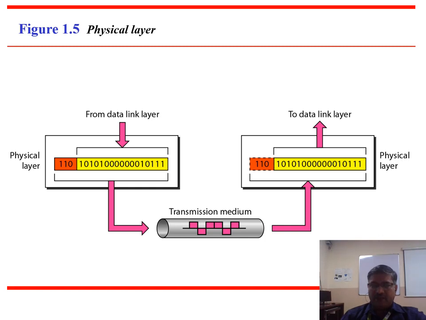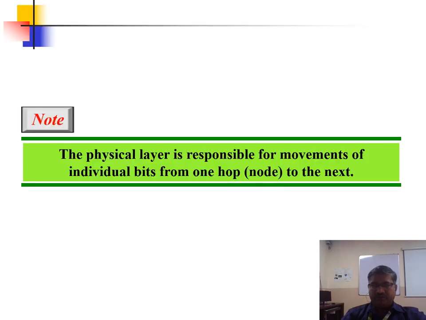The bits are converted into electrical signals and passed on to the next device through the physical transmission medium, the wire. The physical layer is responsible for the movement of individual bits from one hop to the next hop.